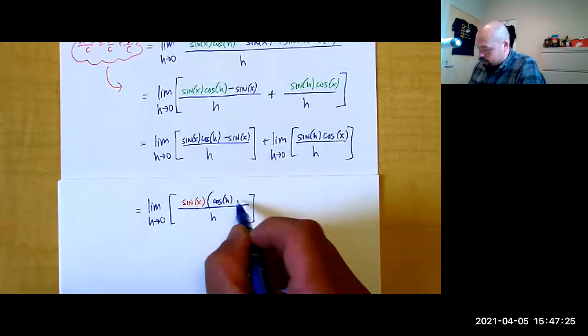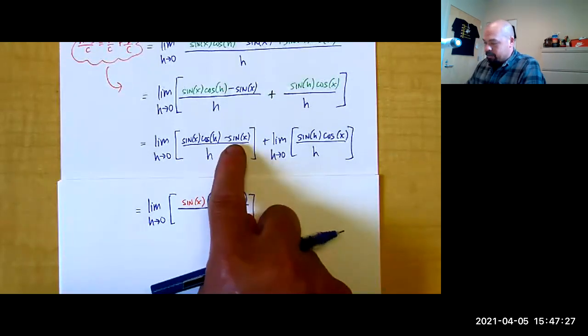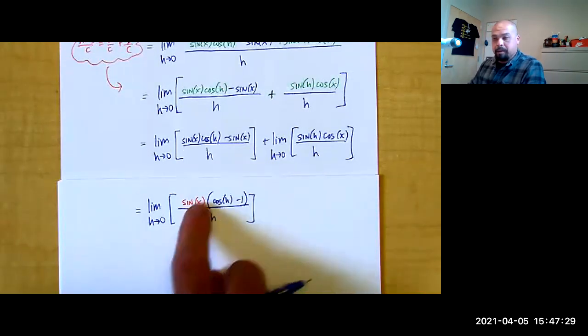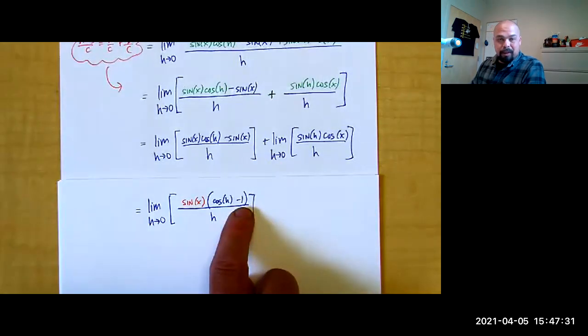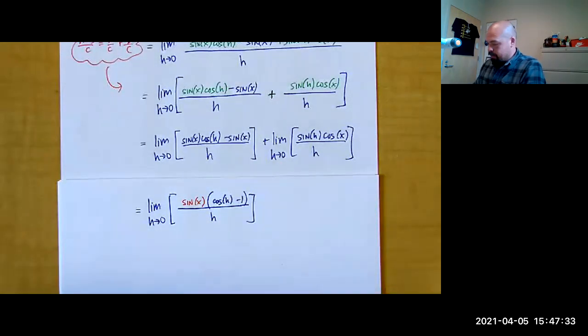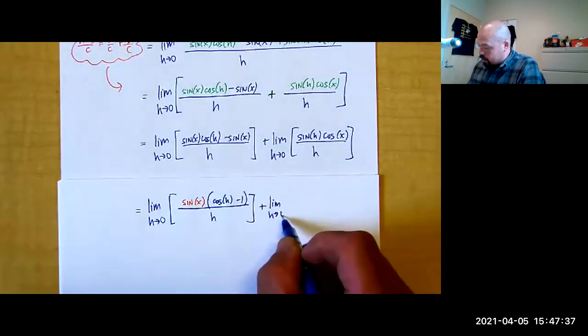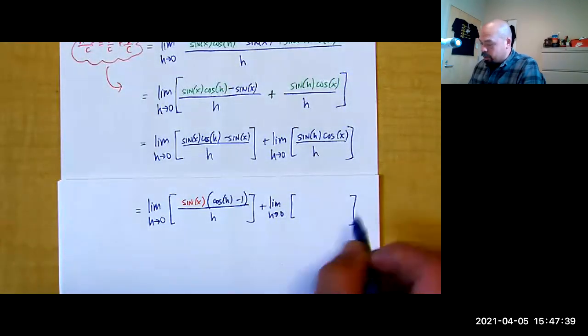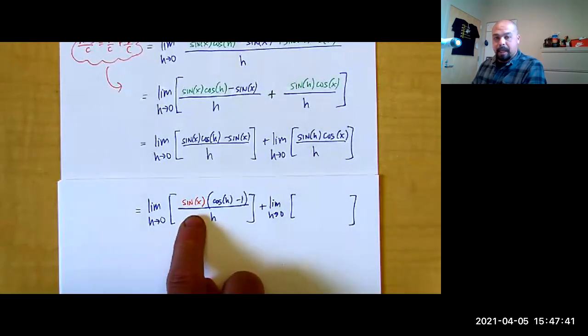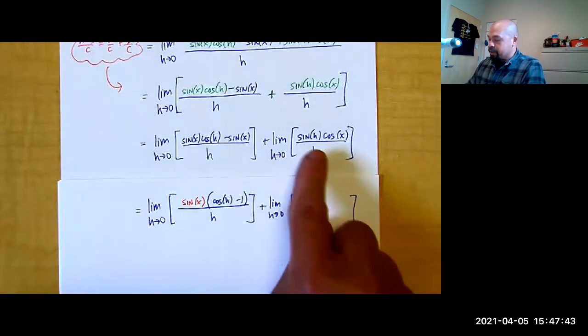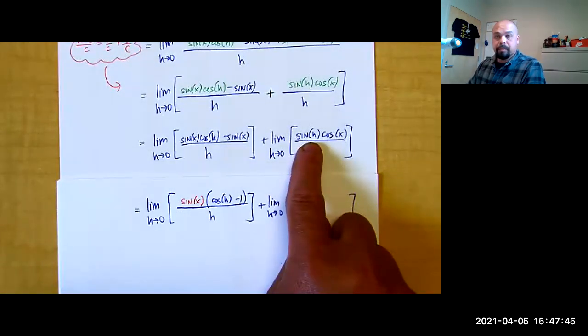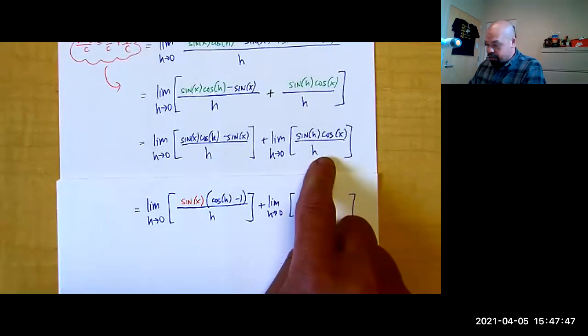Cosine of h minus 1. Sine x I brought up front. Divide that, we need a placeholder so that 1 shows up. Plus this limit as h goes to 0. And in this one, I have the sine of h times the cosine of x all over h.